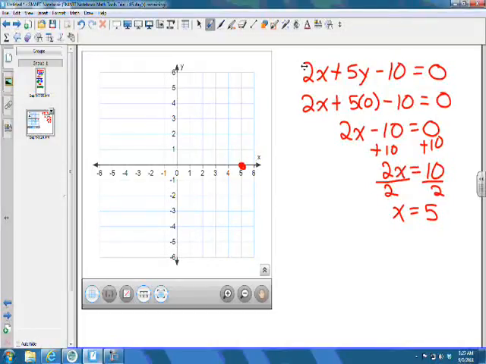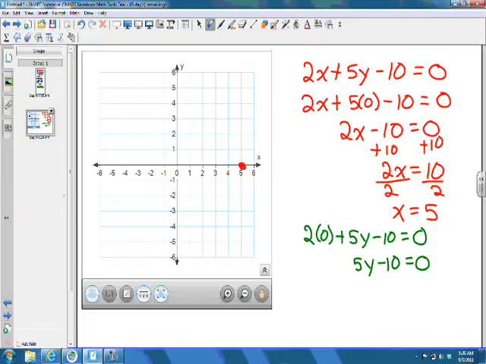So then how do we find the y-intercept? Make the x 0 up here, which is going to leave you with 5y minus 10 equals 0. Still adding the 10. A lot of these will be the same when you do each one because the same steps are required.